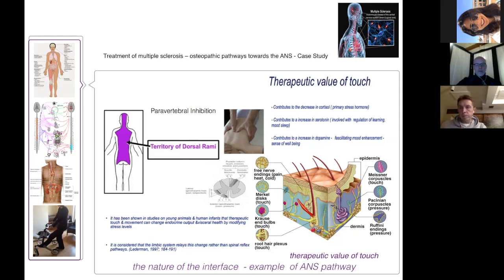If we give a treatment that's too aggressive, then that is considered to be a threat. But quite calm, influencing spinal inhibition, providing oscillation, is quite smoothing and has quite a profound effect on the perception of well-being too.